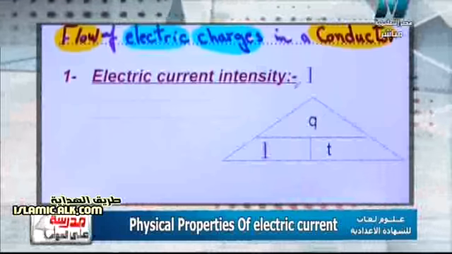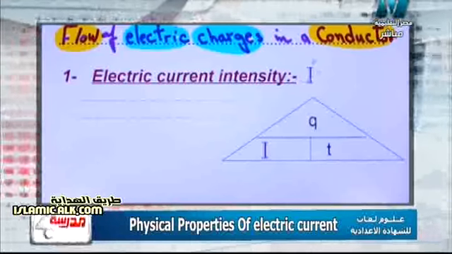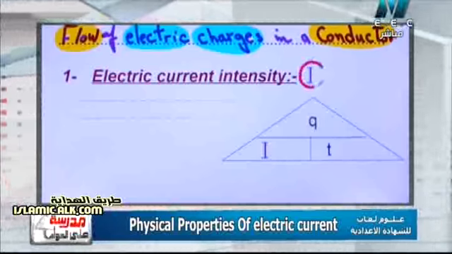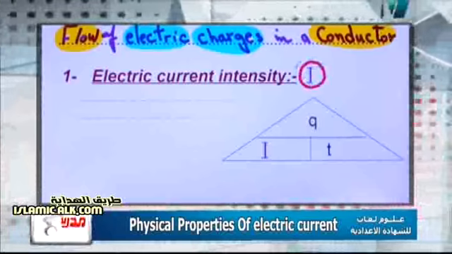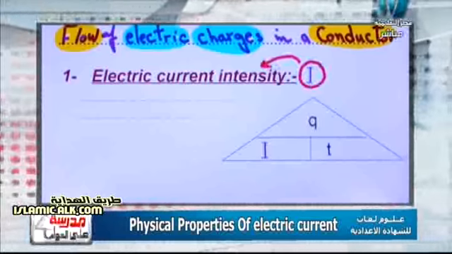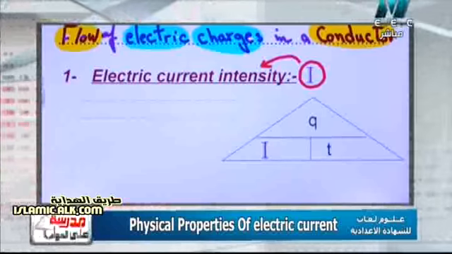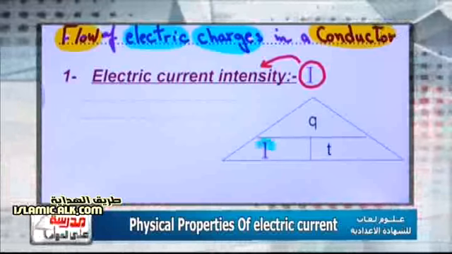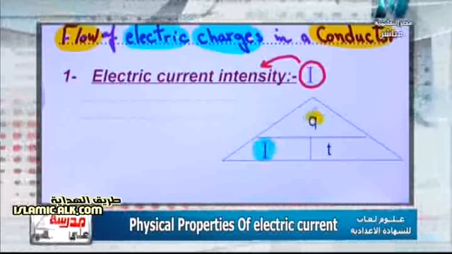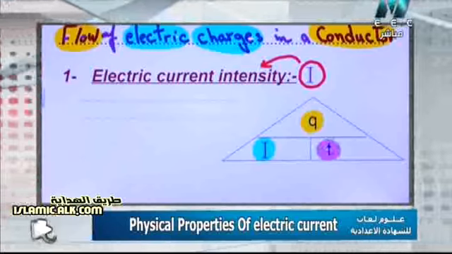We have here a magic triangle, and the electric current intensity has the symbol I, capital I. Firstly, we have three symbols: I equals Q over T, as we see here.